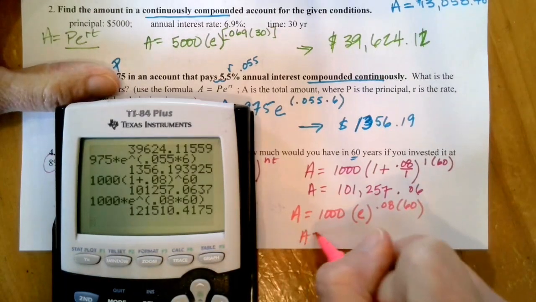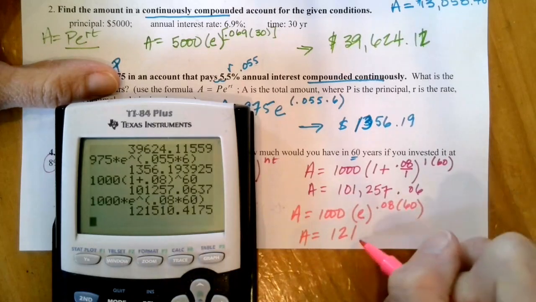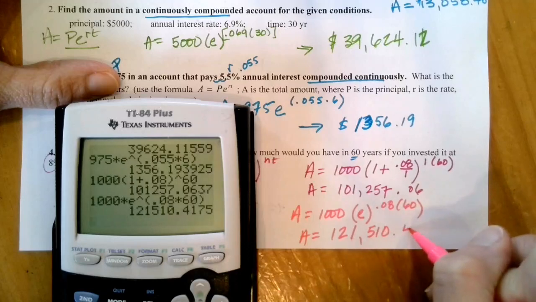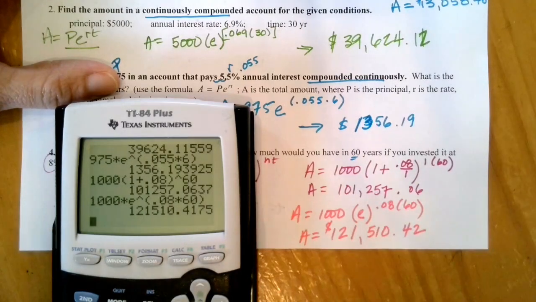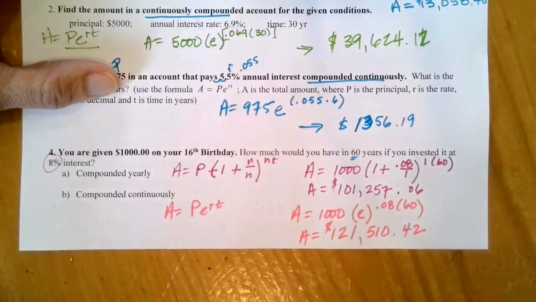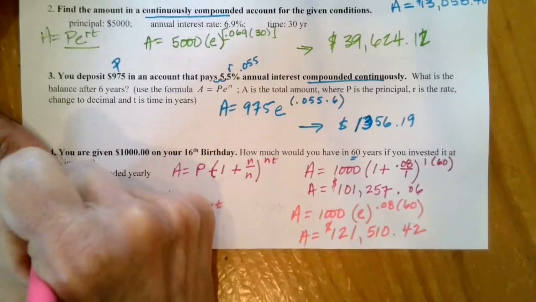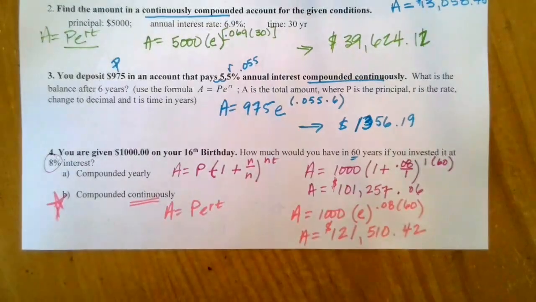What would you rather have? $101,000 or $121,510.42. So make sure that when you are investing your money, you ask, are we compounding yearly or compounding continuously? Gives you a heck of a lot more money, doesn't it?